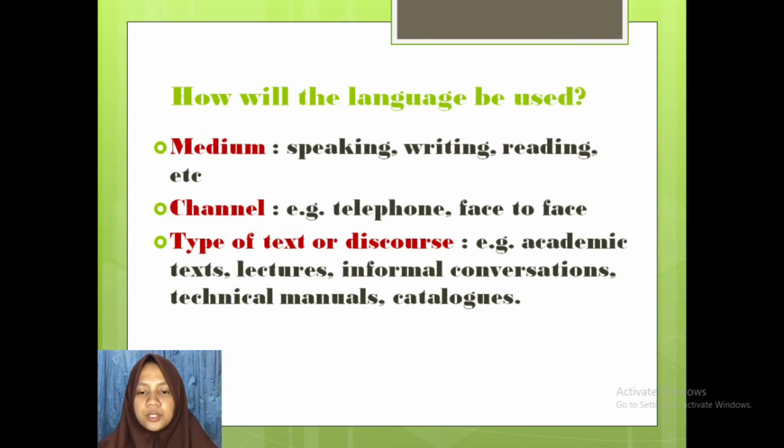How will the language be used? Medium: speaking, writing, reading, etc. Channel: telephone, face to face. And types of text or discourse: academic texts, lectures, informal conversation, technical manuals, and catalogs.